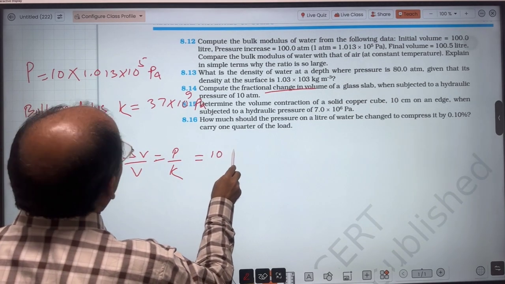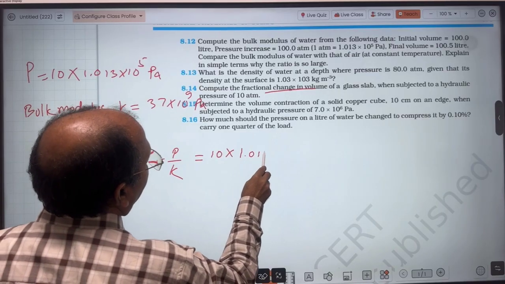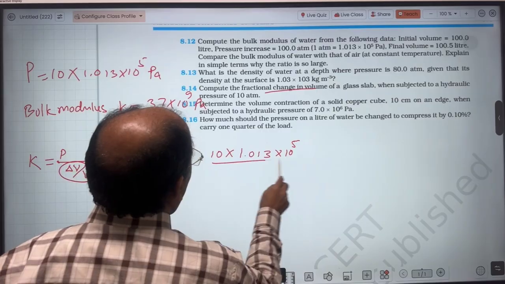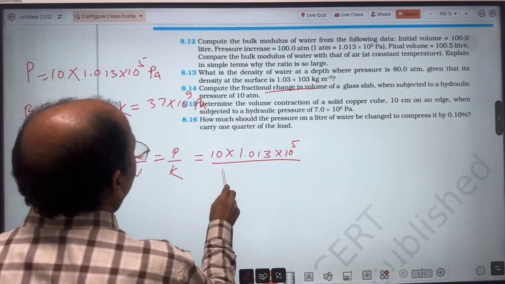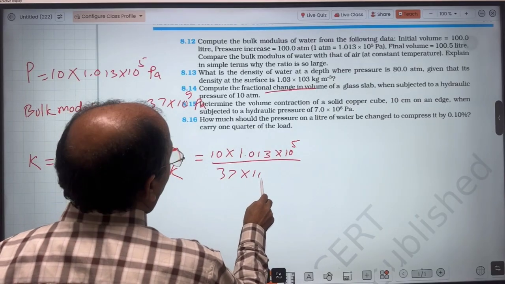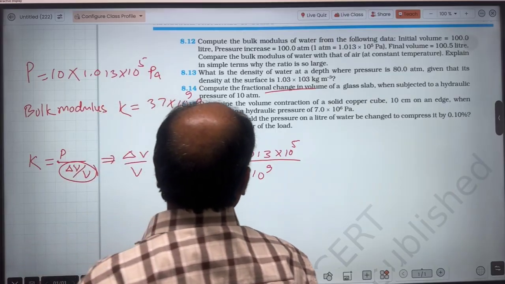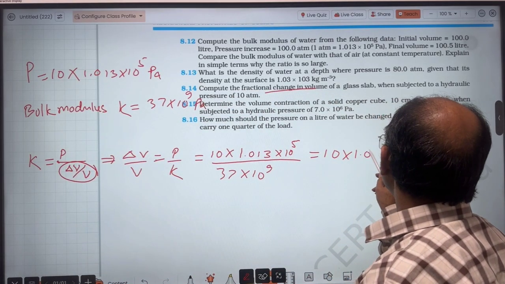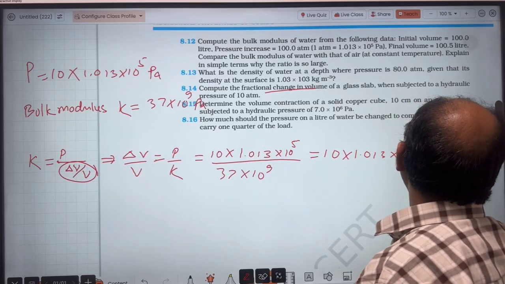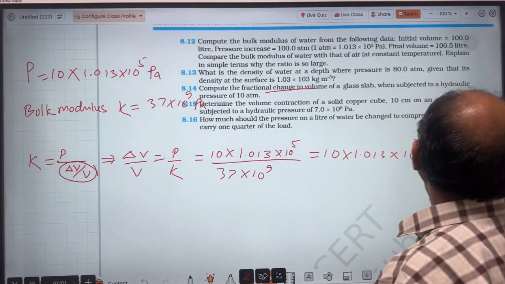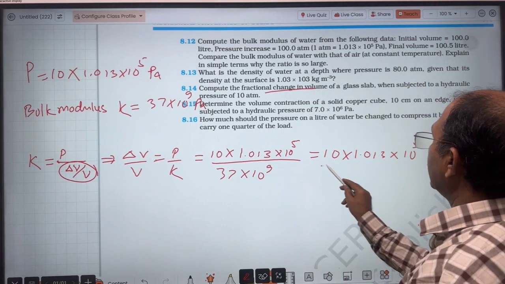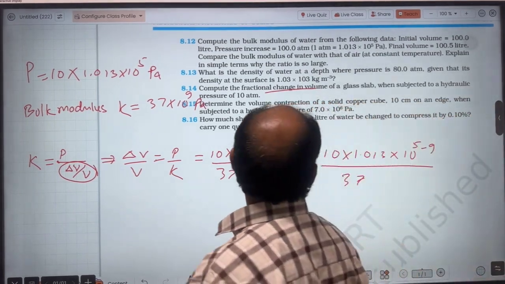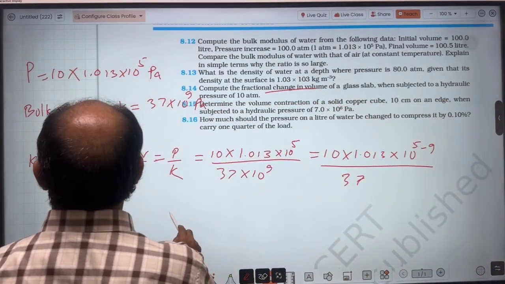P is 10 into 1.013 into 10 power 5, divided by K, which is 37 into 10 to the power 9. Adjusting the powers, we get 10 multiplied by 1.013 into 10 to the power 5 minus 9, divided by 37.